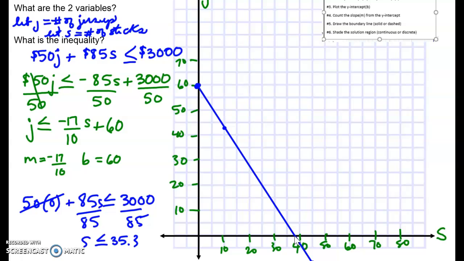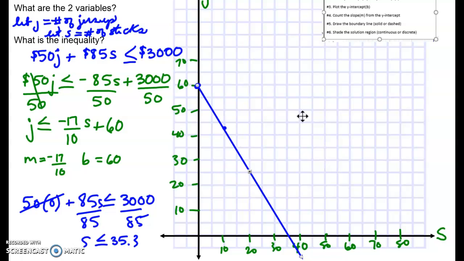Okay, so I do have it. You can see here that maybe my line, I could move it just a little bit this way. 35.3, 35 is right there, so maybe that line there would be a little more accurate. Again, we're just going to do our best to draw an accurate line. And this is a good way to check just to see what this 0 would be right there.